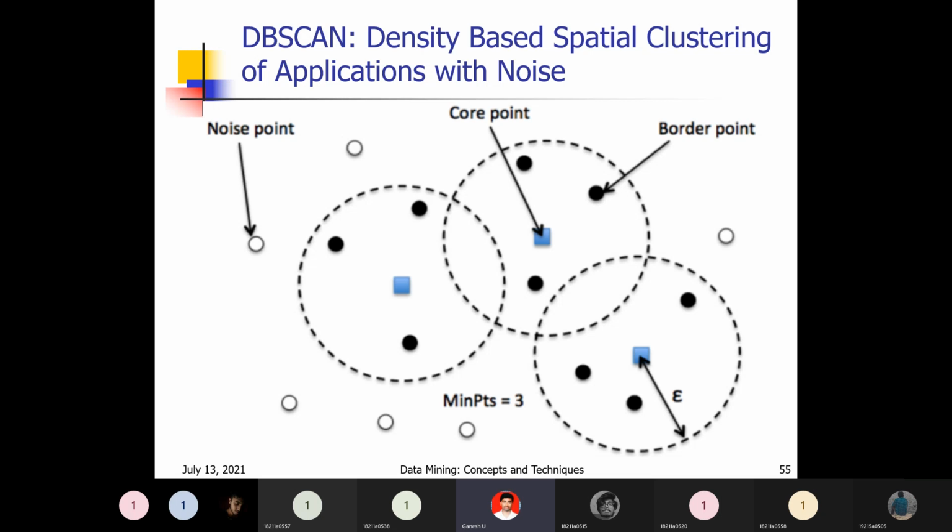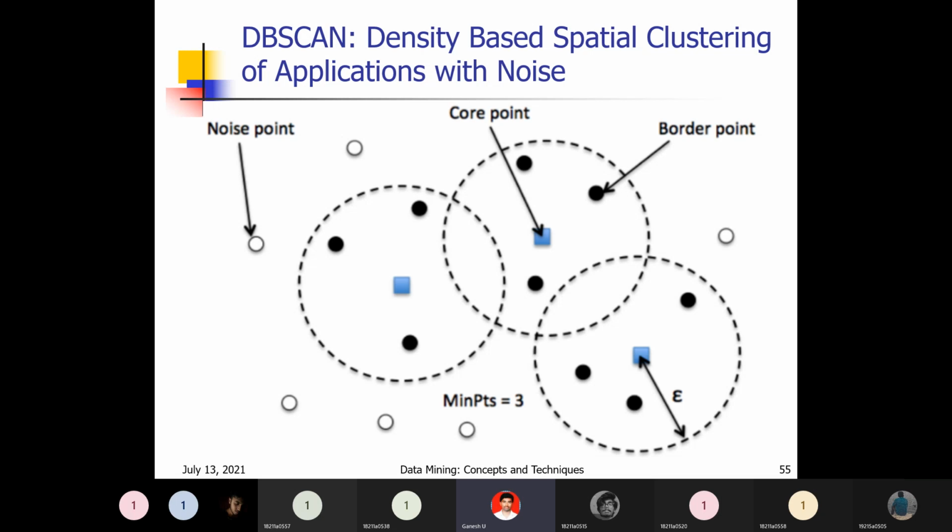For that, take the object and take epsilon radius. With epsilon radius, draw a circle, represented with dashed lines. In that circle, if 3 points are there, more than 3 points are also allowed, 3 or more points means that is a core point. If fewer than 3 points are there, say only 2 points, then that is not a core point.